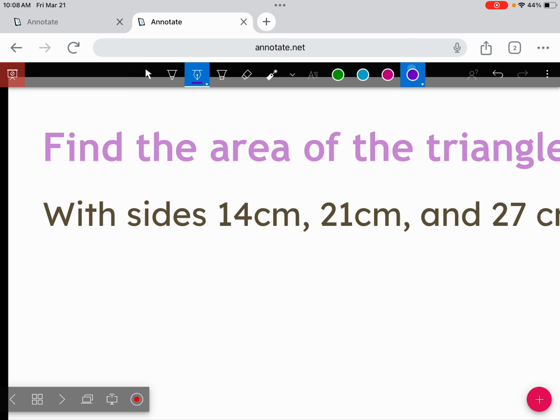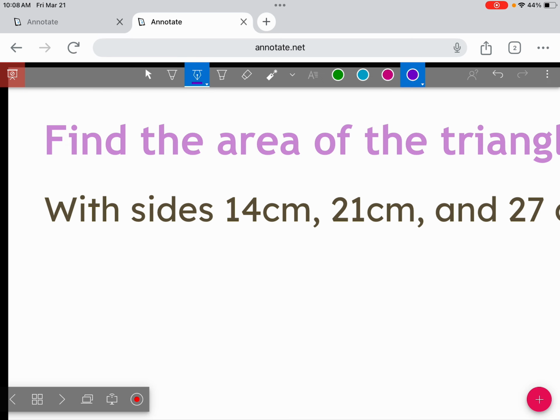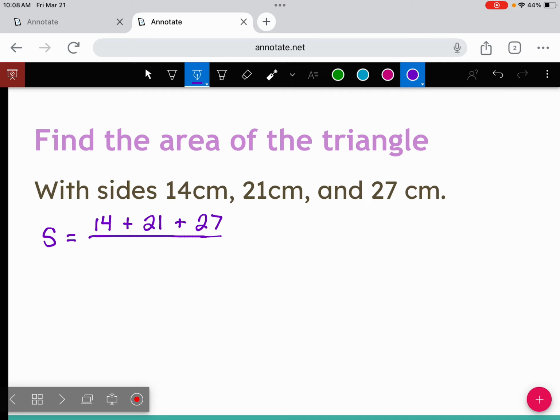The first thing we need to figure out is our semi-perimeter, that S. So we're going to add up all the sides and divide by 2. 14 plus 21 plus 27. So our three sides are 14 centimeters, 21 centimeters, and 27 centimeters.